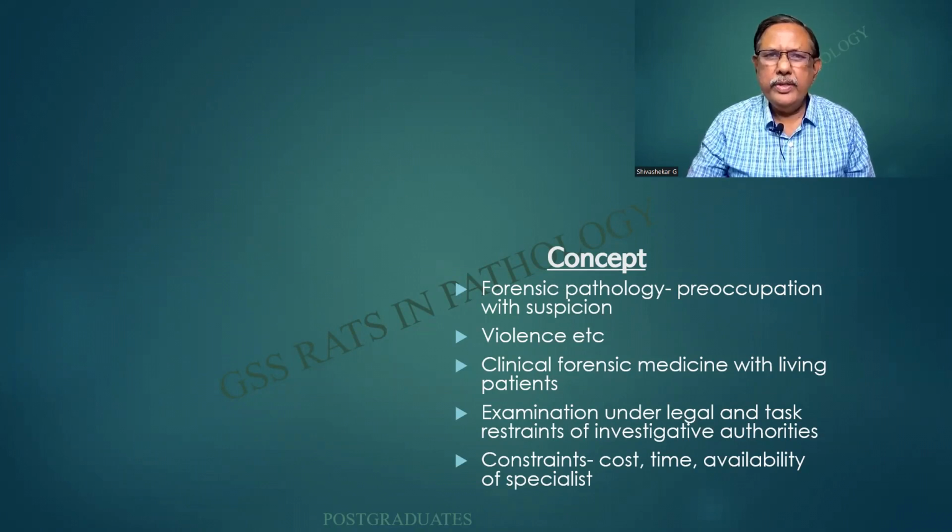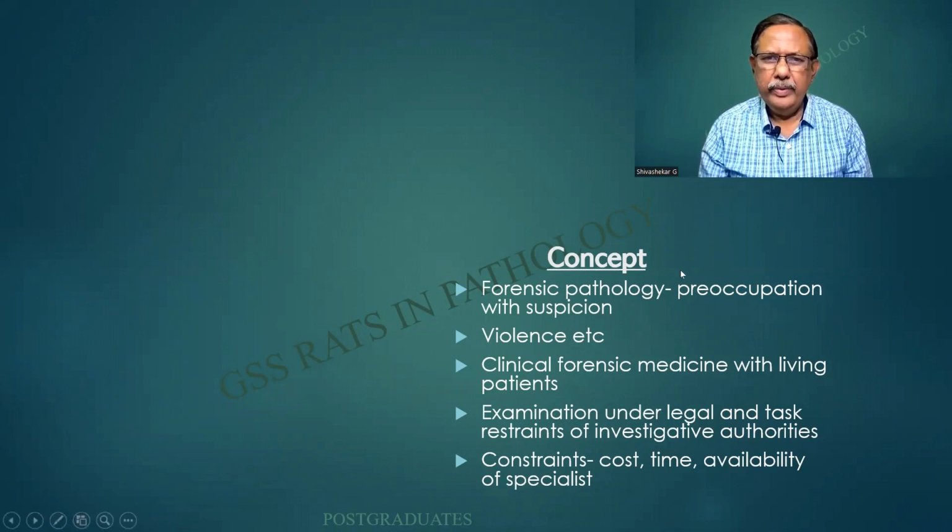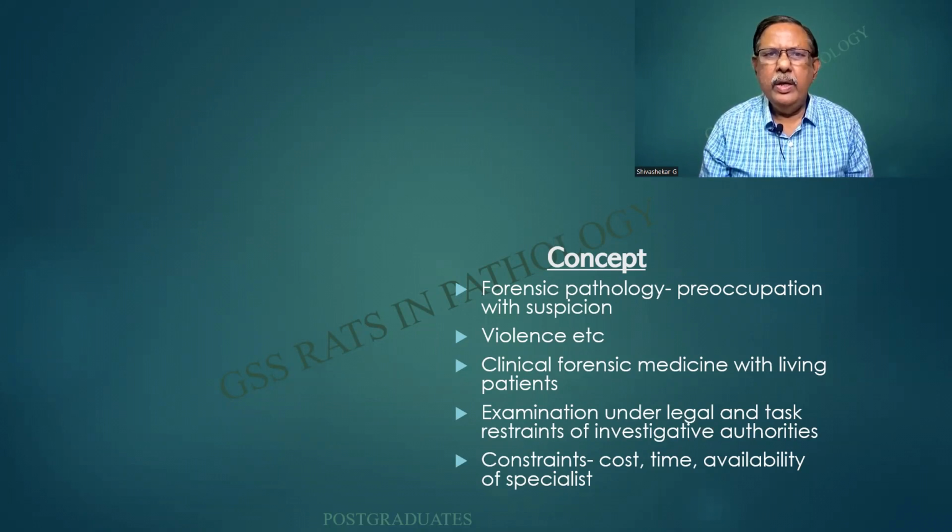Now, my dear students, what does this word concept mean? For any question in medicine or other science, we are supposed to ask what, when, why, where, how, and who.